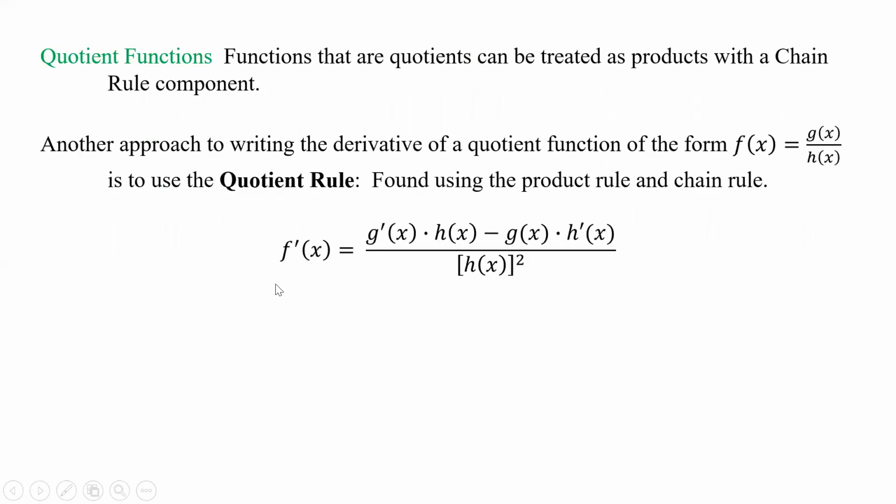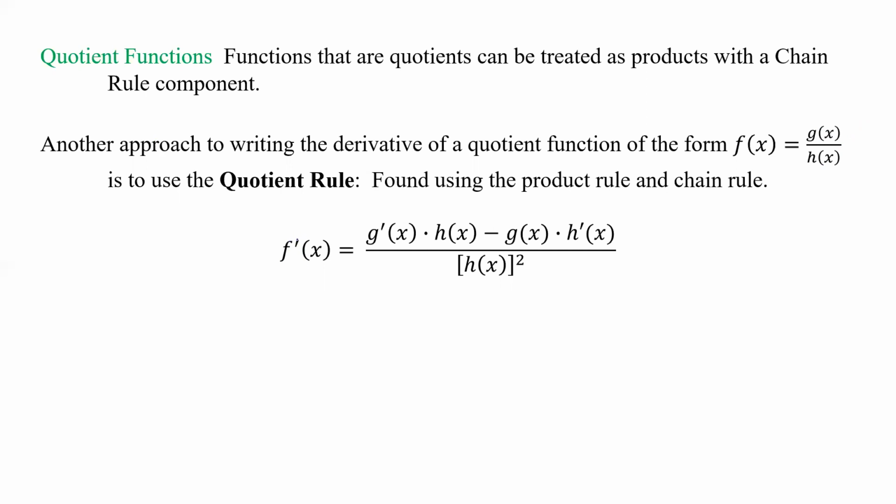Now, quotient functions are functions that are basically quotients, and then we can treat them as a product using a chain rule. So we've kind of been doing that. If we had this, we would write g of x times h of x to the negative 1, because that would take it up here, make it a 1, and then we can use the product rule. Or we can use the quotient rule. Now notice in the book, the quotient rule forgot to put in the prime here.